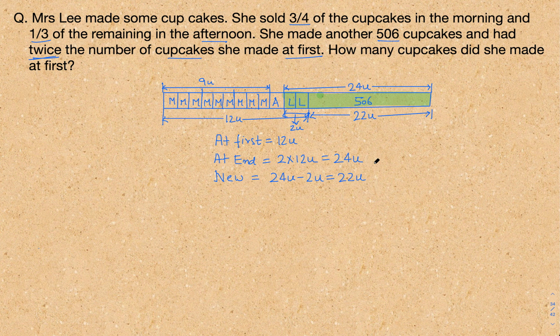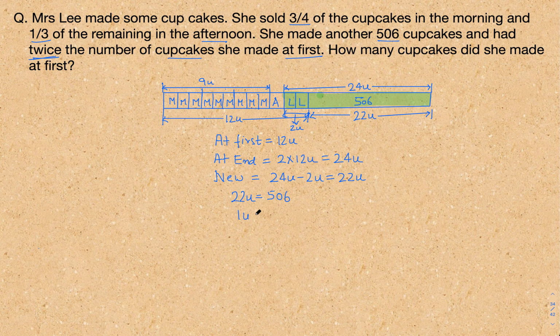That means she has made 22 units of new cupcakes. And we know that this 22 units is 506, because she has made 506 new cupcakes.